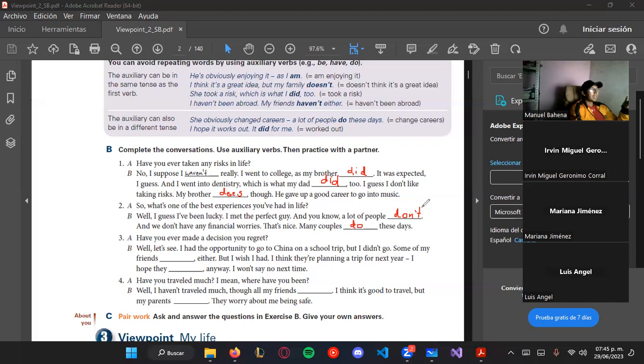So it says, and we don't have any financial worries. What does that mean? No tenemos muchas preocupaciones financieras. No tenemos muchos problemas financieros. That's nice. Many couples do these days. Diego, ¿qué significa eso último?